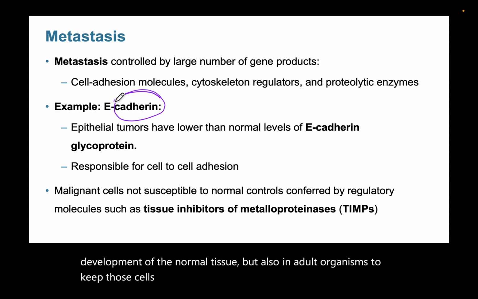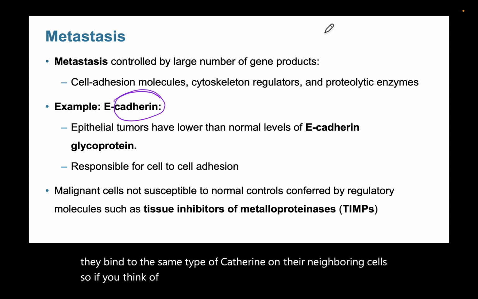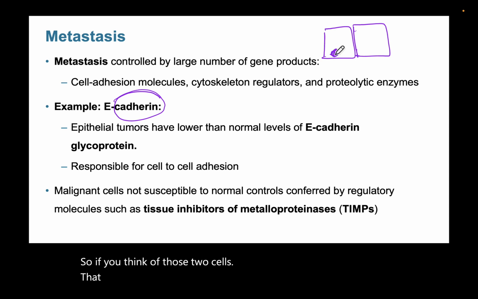Okay, so these cadherins bind to the same type of cadherin on their neighboring cells. So if you think of those two cells that are together in the same tissue, at the bottom here I'm representing the nucleus.